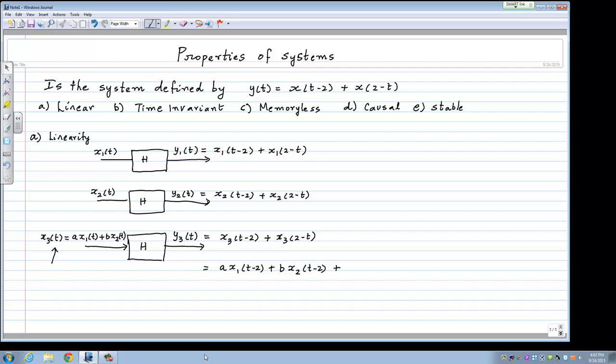Okay. Now we need to write a similar expression for x3 of 2 minus t. And what is x3 of 2 minus t? That's obtained by simply replacing t by 2 minus t in this expression. So this must be a times x1 of 2 minus t plus b times x2 of 2 minus t.